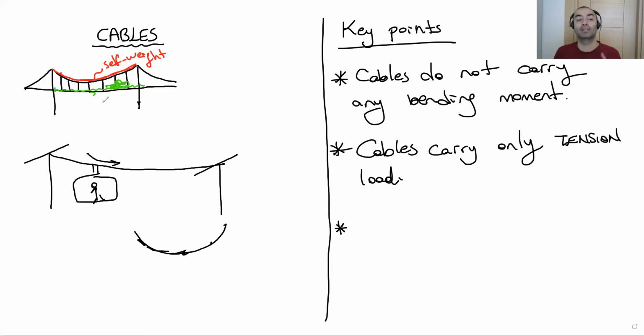So when we compare this live load with the self weight of the cable, the self weight is really, really small. So in our calculations, self weight is nothing for our results. That's why we can cancel it and ignore it.